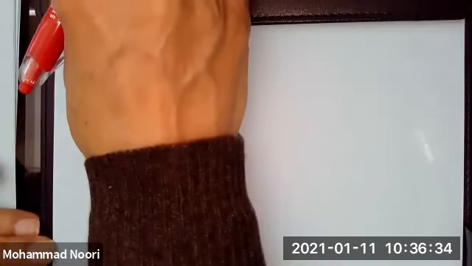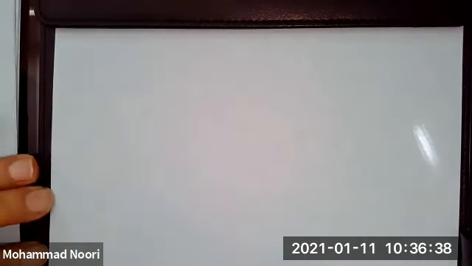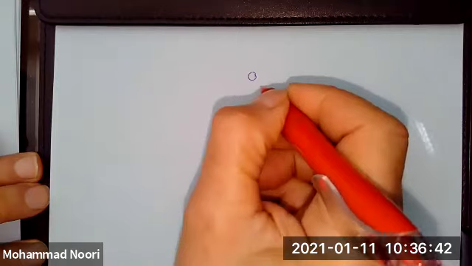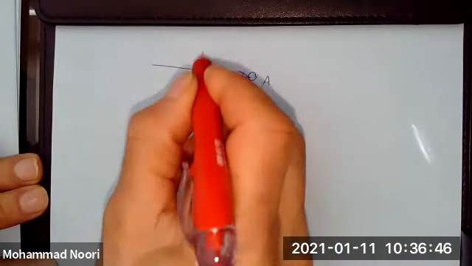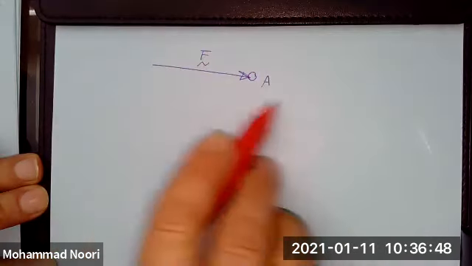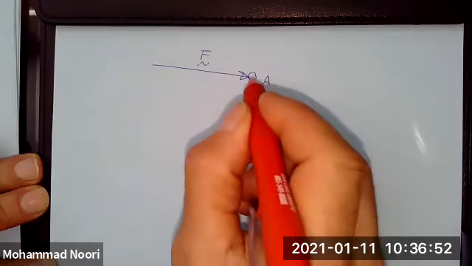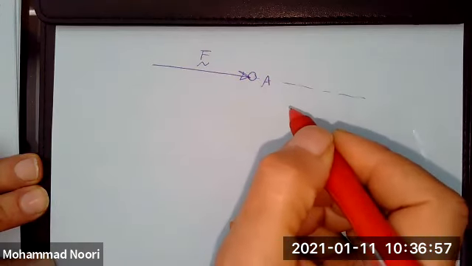So far, we have discussed the action of a force on a particle. If you have a particle A, you have a force acting on this particle. What does this force do? This force moves this particle along the direction that the force is applied.